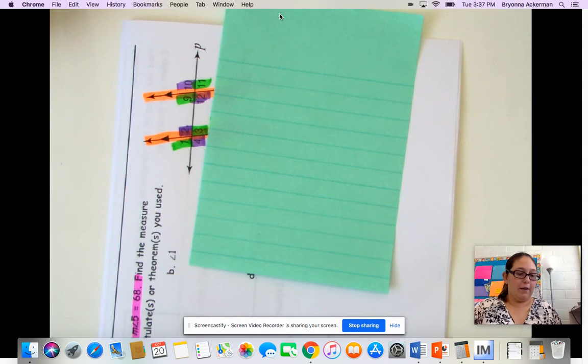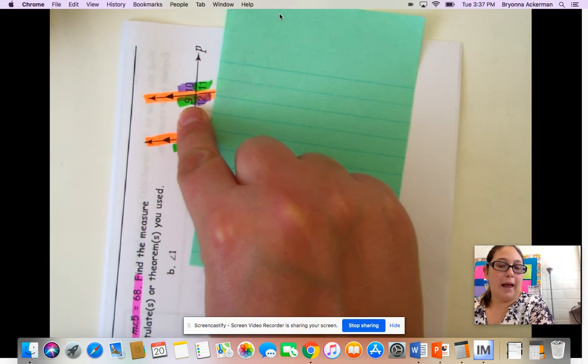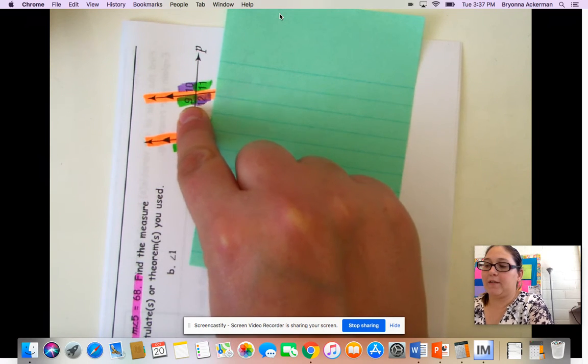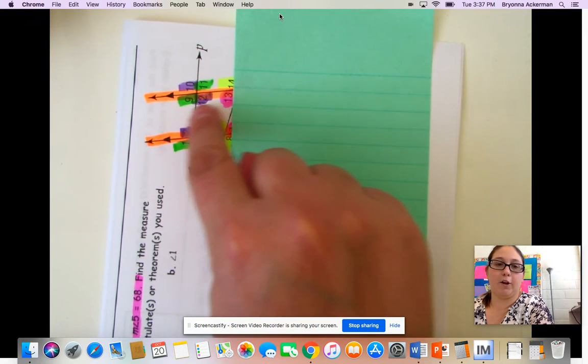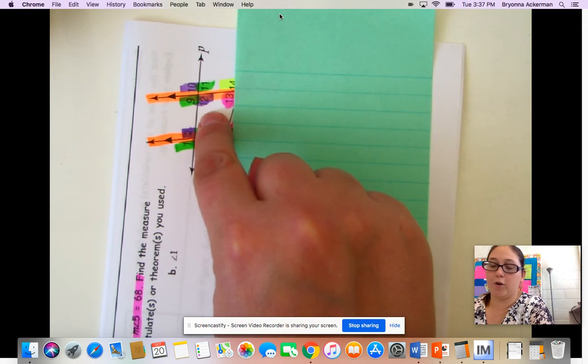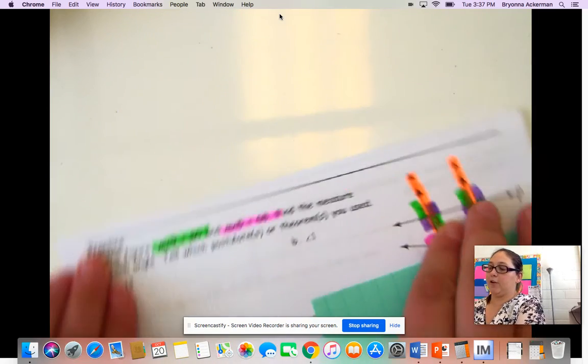So if 10 and 11 are linear pairs, and we were given measurement of angle 9 as 80 degrees, which means the ones next to it are linear pairs, that tells me that all the purples have to be 100.